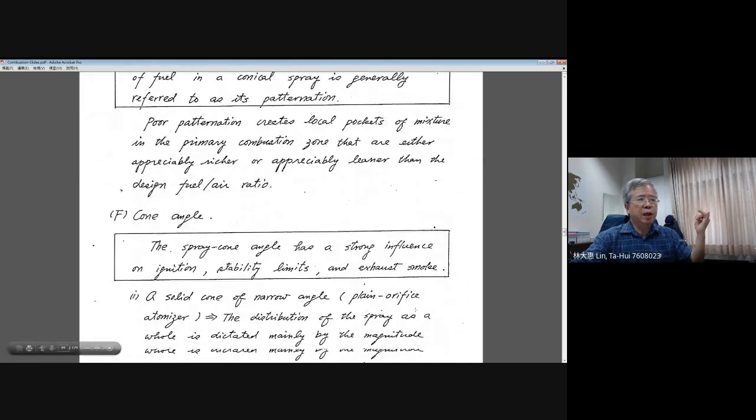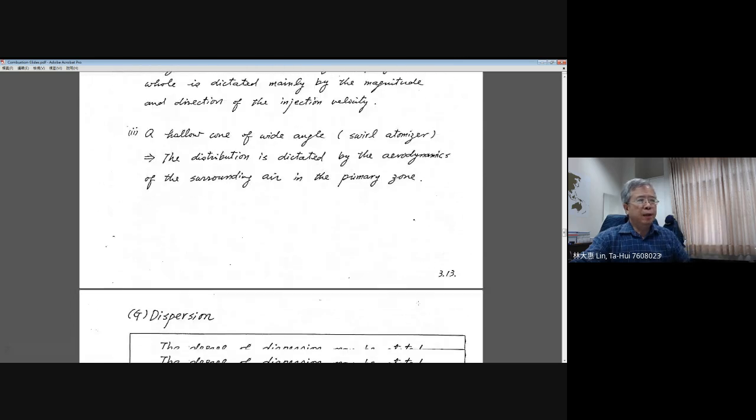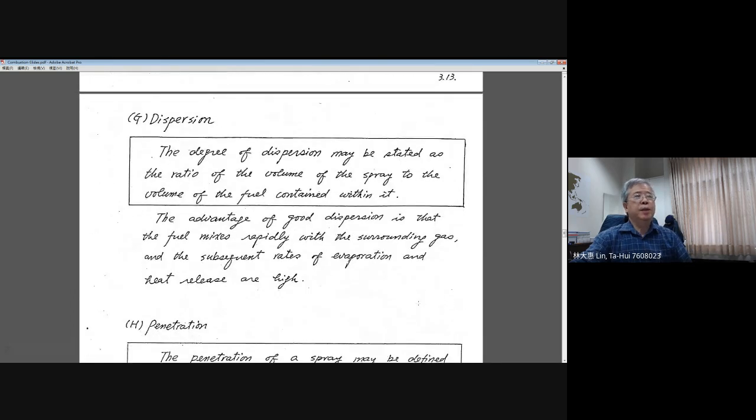Now, the droplet diameter is the first one, patternation is the second one, and cone angle is the third one. The fourth one, we consider the so-called dispersion. The definition of dispersion is that we compare the spray control volume with the liquid control volume. As I explained earlier, when you have a spray coming in, the whole spray cone we consider as the so-called volume of the spray.